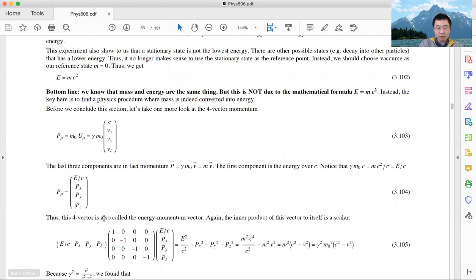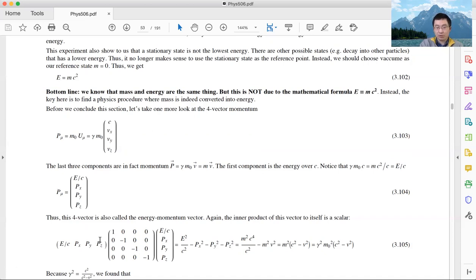As we know, if we have a 4D vector, we can immediately define a scalar by doing an inner product. So take this 4D momentum vector and take the inner product with itself. The inner product is defined as this row vector times the metric tensor times the column vector. If we calculate this matrix multiplication, we can easily show that this is energy squared divided by c squared, minus px squared, minus py squared, minus pz squared.